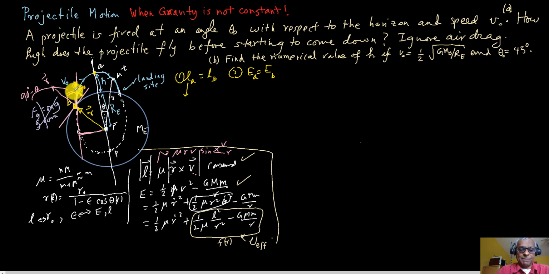So this just becomes mu, r is the radius of the Earth at this point, v is v0, and I'll do point B later, and then I have cosine of theta 0. How about this one? This is just LB, and I will just leave it like this right now because I don't need to find it.